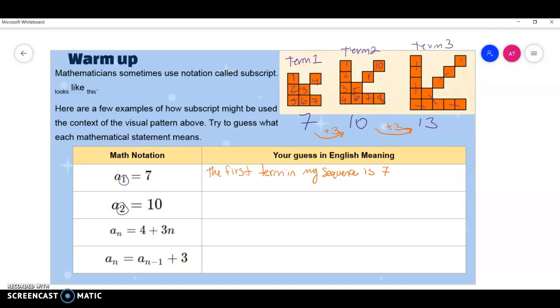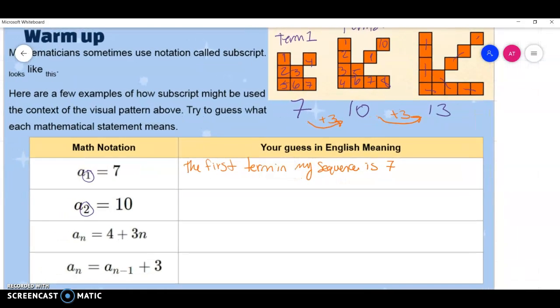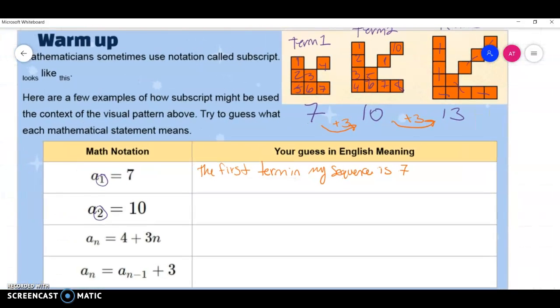For the second one here, it says A sub 2 equals 10. So I could say this is the second term in my sequence, and it is 10. Or you could say the second term in my sequence is 10.